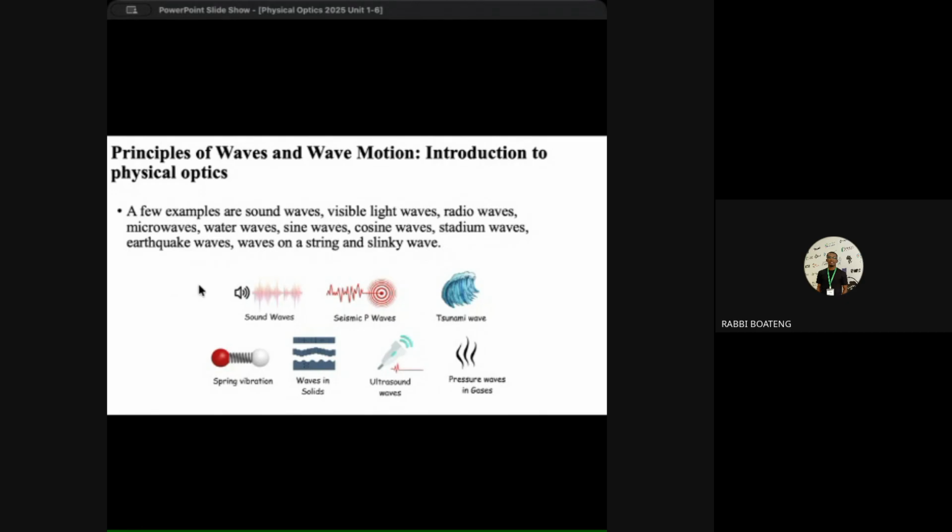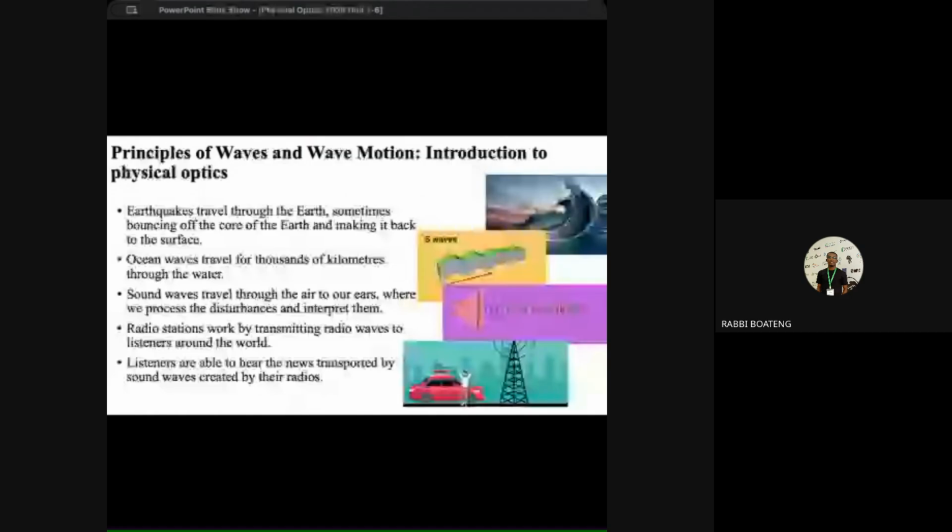So now, when we are talking about the applications, they are enormous, a lot of them. Is that okay? Now, depending on where this disturbance is caused, we can give a terminology for that kind of wave. So we have a disturbance that is caused in water. We have a disturbance that is caused in a solid, like the earth.